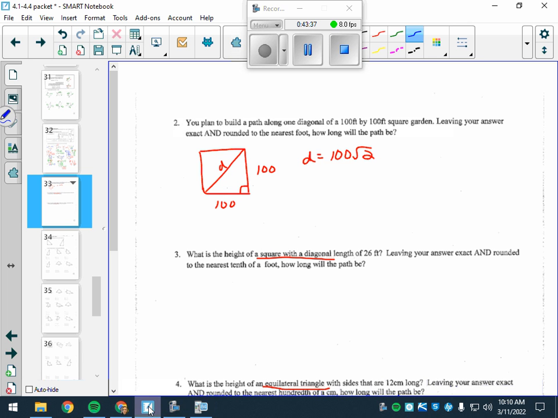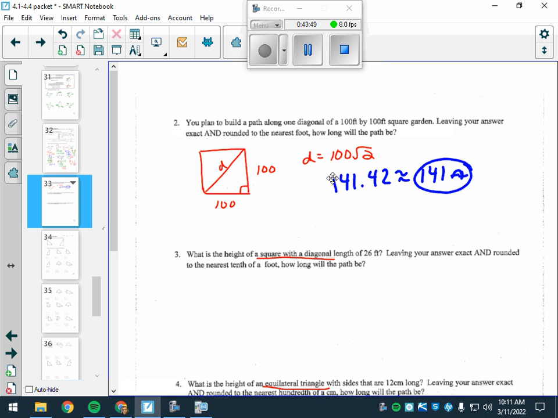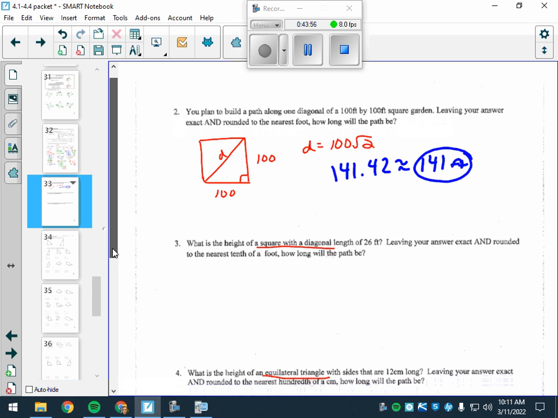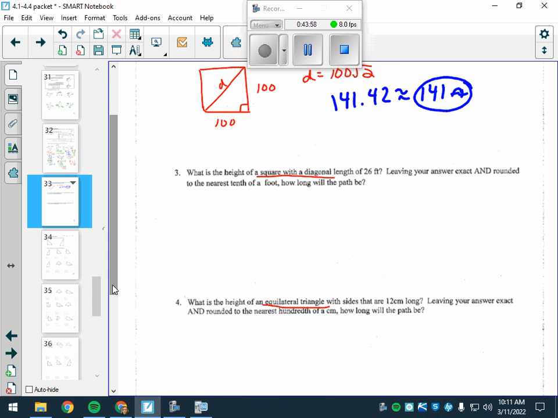So 141 point, what did I say? 42? So that's going to be approximately 141 feet. Right? So anytime you have something that fits this description, you can use that method to get your answer.